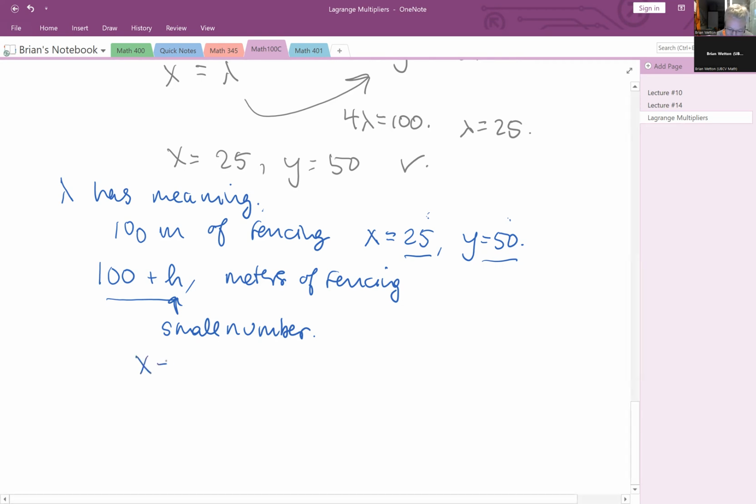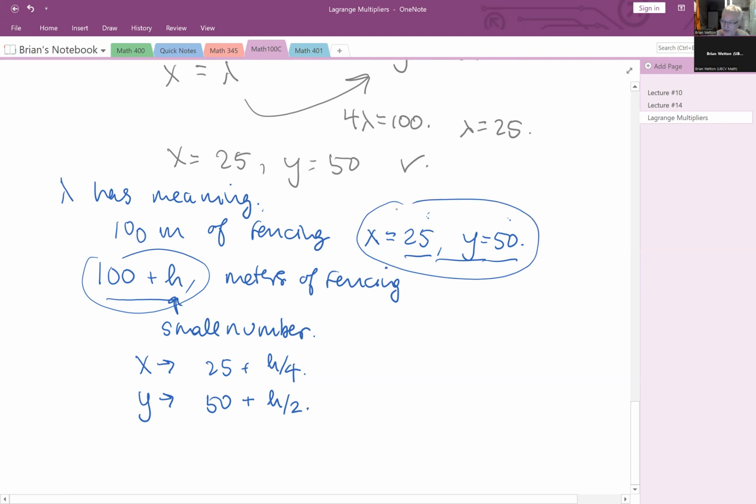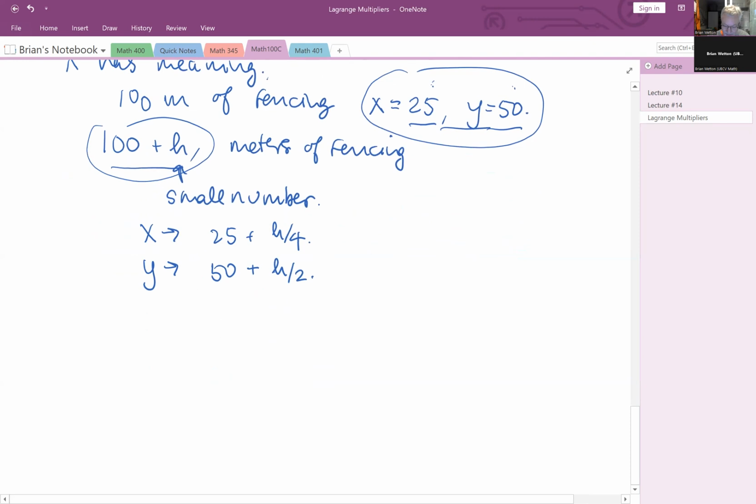So x will go to 25 plus h over 4. Got two of those. And y will go to 50 plus h over 2. I got one of those. So that's how geometrically I'm going to use my extra fencing. I'm going to keep the same ratio. And again, you can start with this and do the whole computation again and see that this will come out with the same geometric factor.